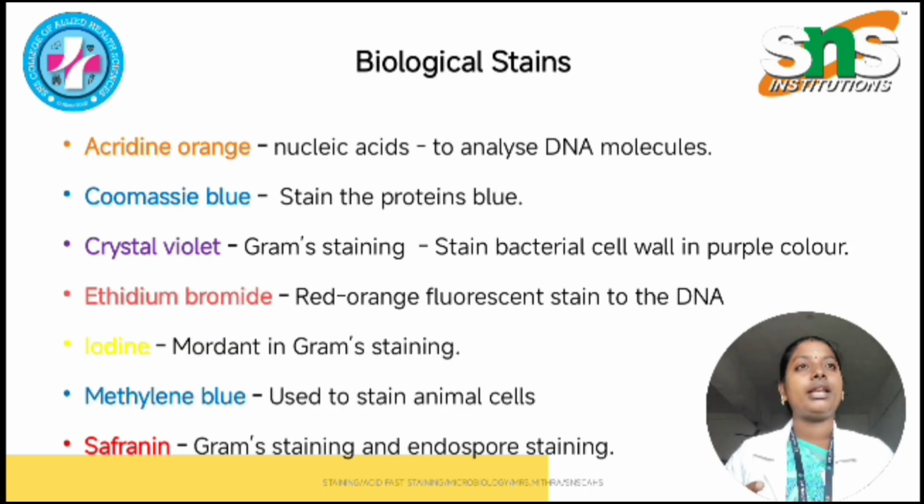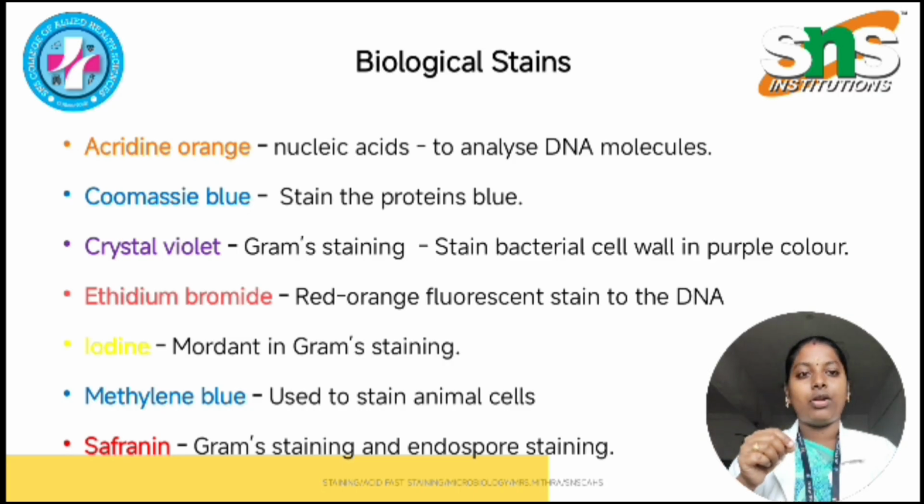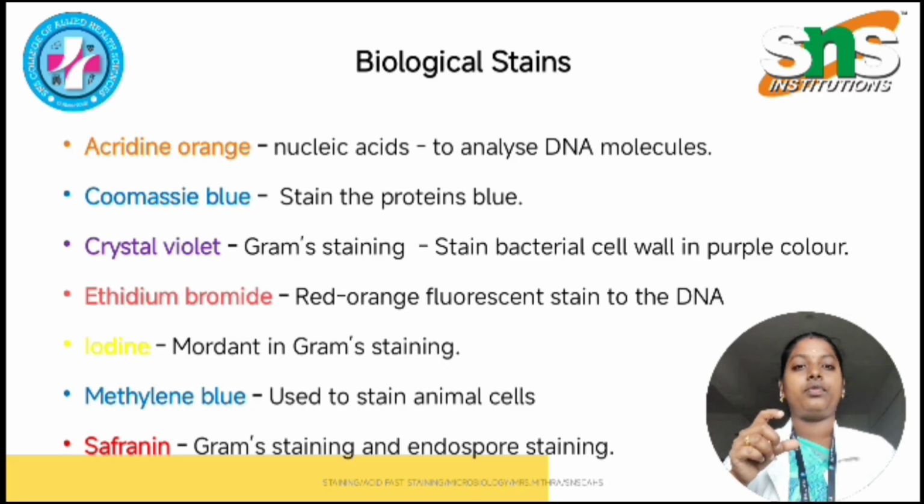It is also mainly used to analyze the DNA molecules in agarose gel electrophoresis. So when we run the agarose gel electrophoresis to visualize the DNA molecules, we need to add the ethidium bromide dye to visualize the DNA molecules. Since ethidium bromide is very carcinogenic, we need to add only a minor ml of that reagent.